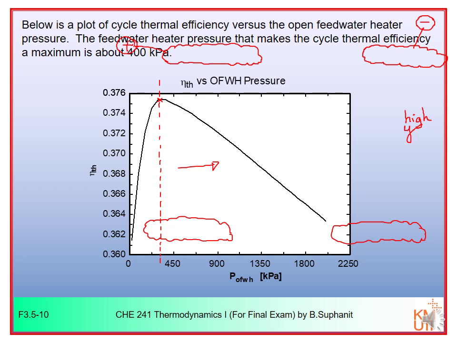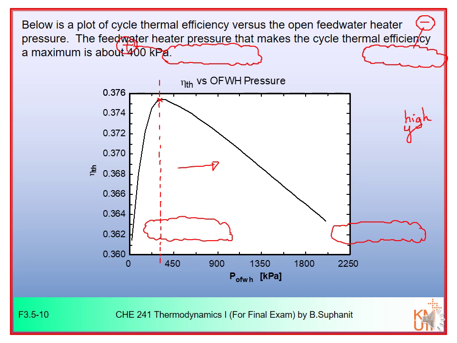So from the result here, you should operate the OFWH pressure at the optimum point, the point which can give you the maximum thermal efficiency. Not just any value, not just any pressure.